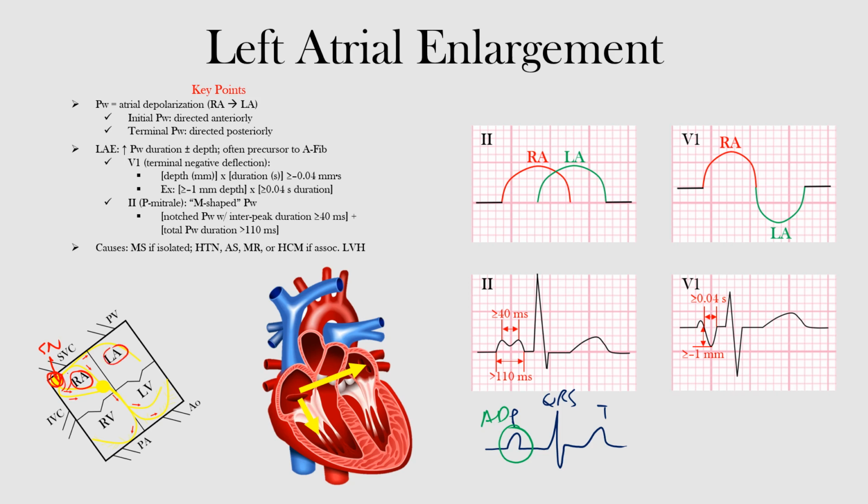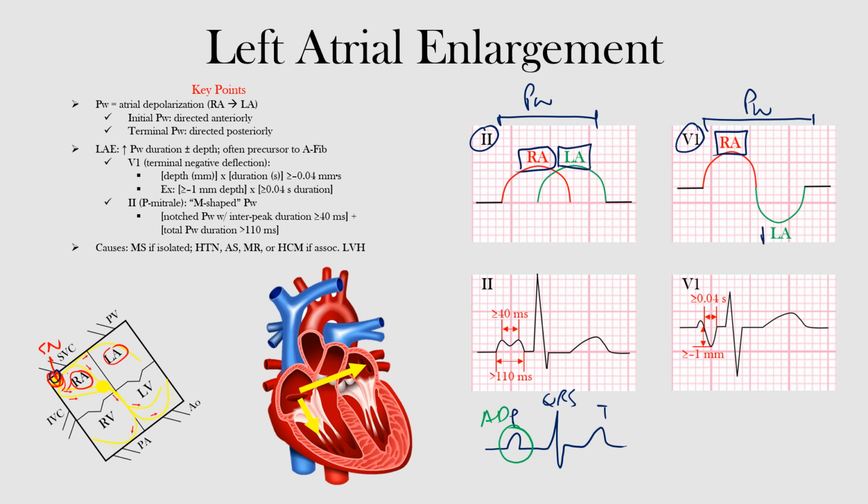So when we look at our P waves here, here's a P wave in lead 2, and then we have a P wave in V1. This whole thing represents a P wave, and the same thing here in V1. What we're saying is that because our sinus node is in our right atrium, the initial portion of our P wave represents right atrial depolarization, the same thing here in V1. And the terminal portion of the P wave represents left atrial depolarization.